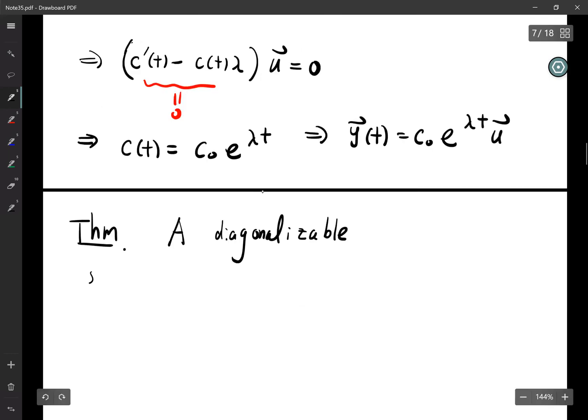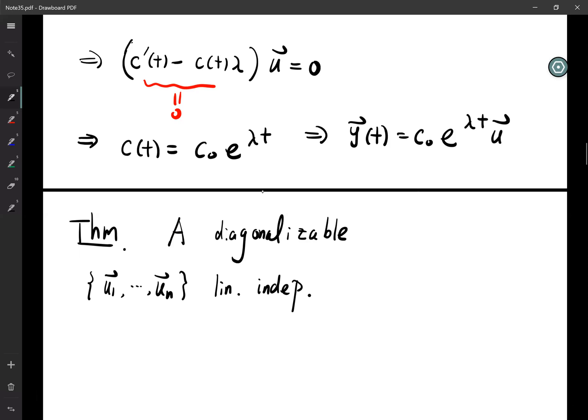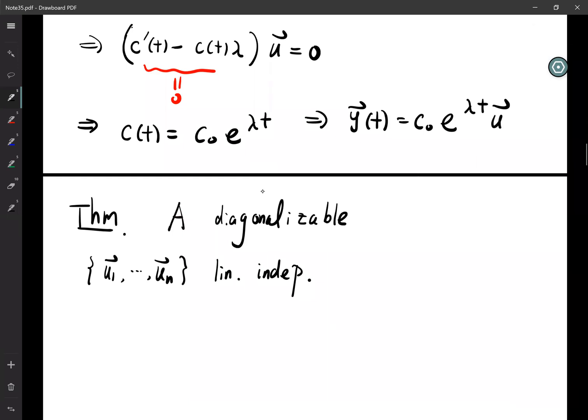If it is diagonalizable, then we can find n linearly independent eigenvectors called u1 to un, corresponding to eigenvalues lambda 1 to lambda n.